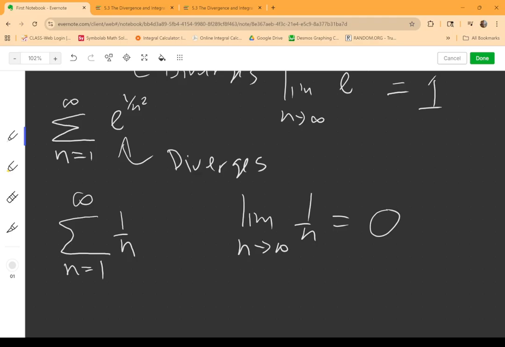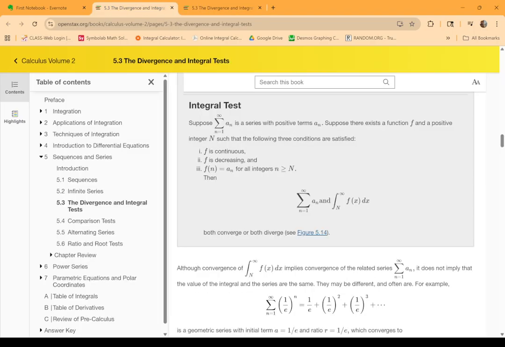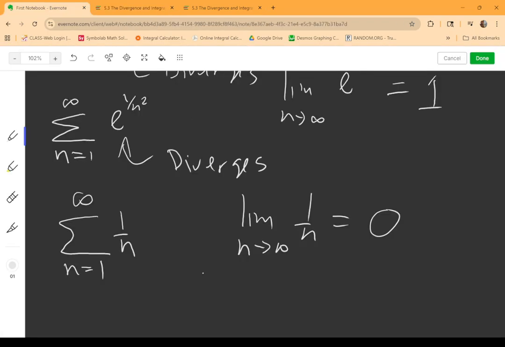The divergence test is actually inconclusive. If we go back and look at what the divergence test tells me, again, watch those if-then statements. If it is some non-zero number, then it applies. If we actually have a 0, the divergence test does not apply.